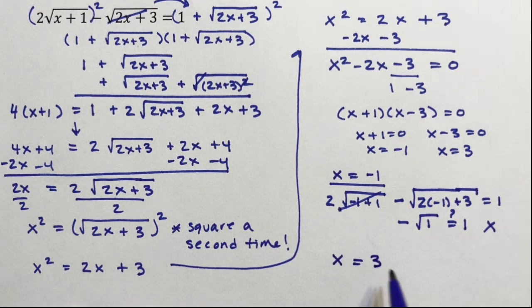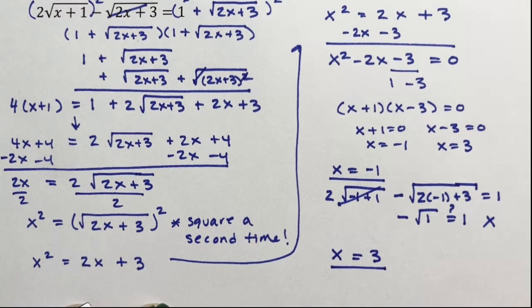If we test x equals 3, is 2 times the square root of 3 plus 1 minus the square root of 2 times 3 plus 3 equal to 1?